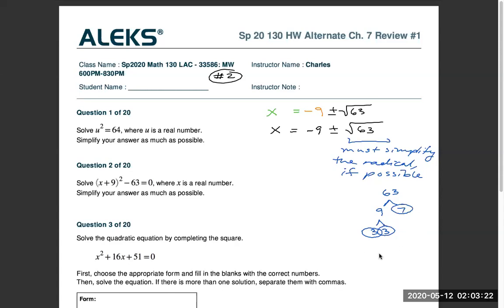So 63 is 3 squared times 7. So square root 63 is the square root of 3 squared times 7. Remember, you have a pair of 3's underneath a square root, so one 3 will come out, and then you're left with root 7.